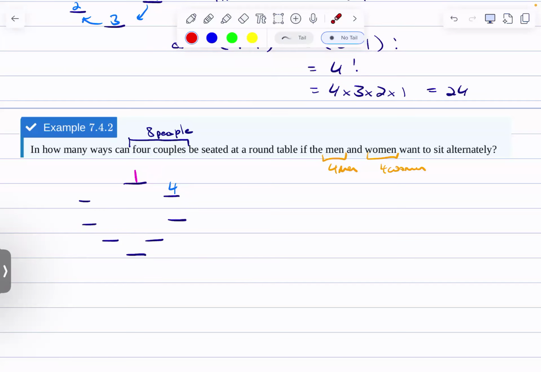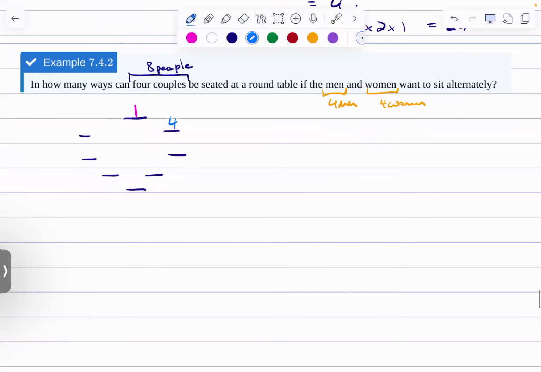Then, if I'm alternating, then I have 3, then 3. That's the tricky part. Then 2, and 2, and 1, and 1, going around the circle this way.